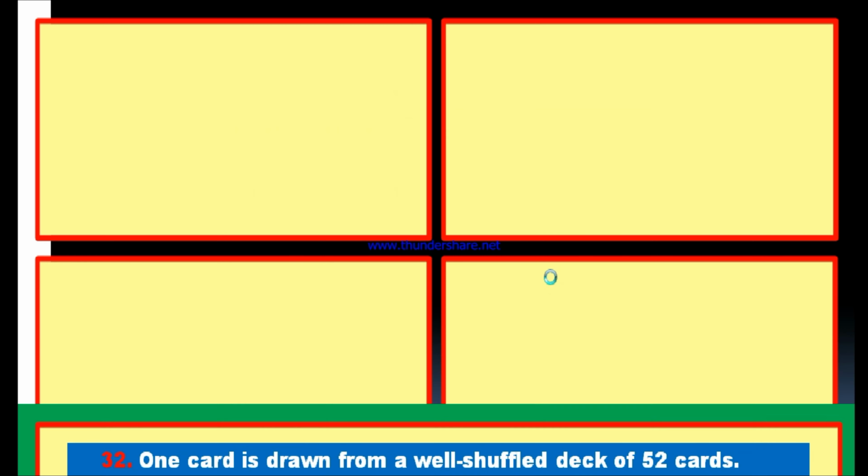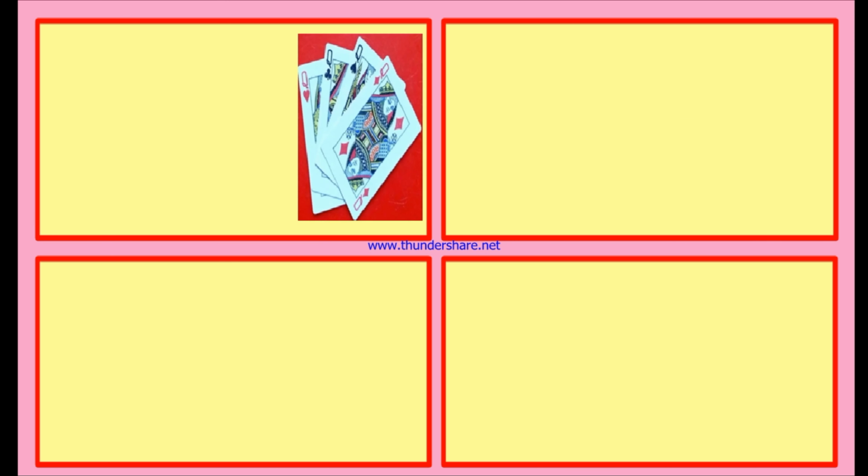Now you see, the first bit is we have to find the probability to get a black queen. Now how many queen cards are there? You verify in the diagram. There are 4 queen cards. Out of 4 queen cards, 2 queen cards are in black color and 2 queen cards are in red color. Therefore, the number of black queen cards is equal to 2.